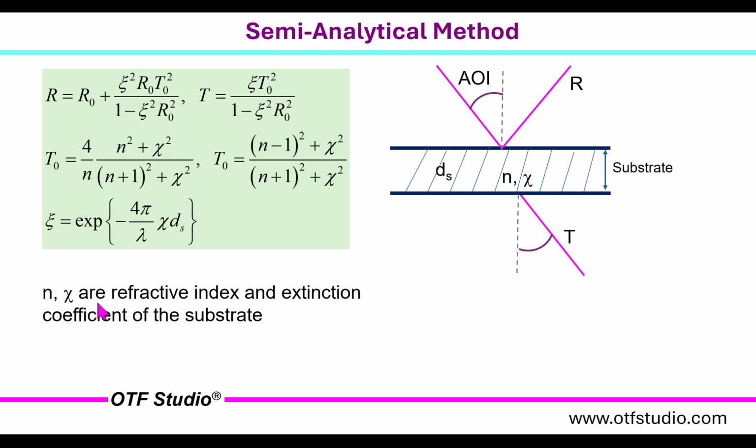Namely, this nonlinear system can be resolved at each wavelength point independently using transmittance and reflectance values measured at quasi-normal incidence. ds is substrate thickness. If you are interested in learning more about this method, feel free to check out the references listed in the description of this video.